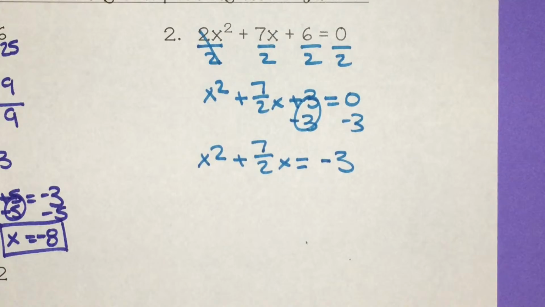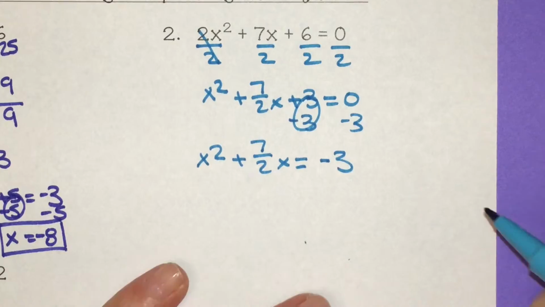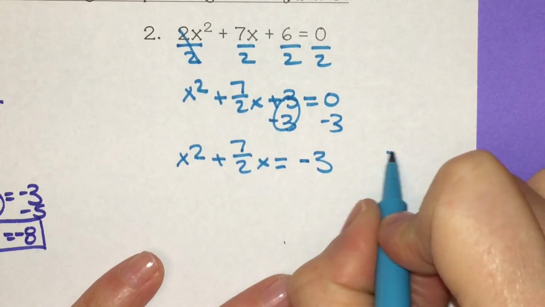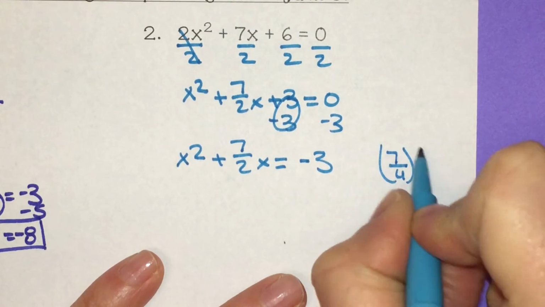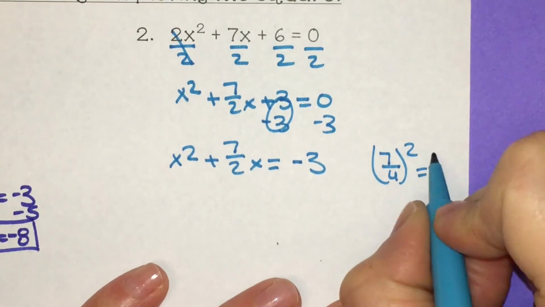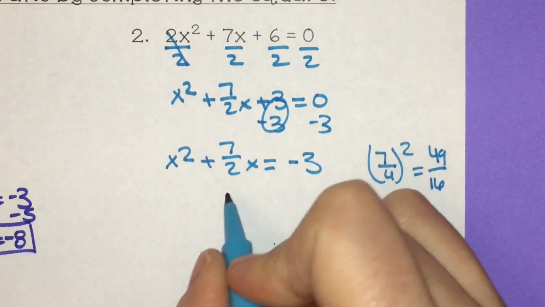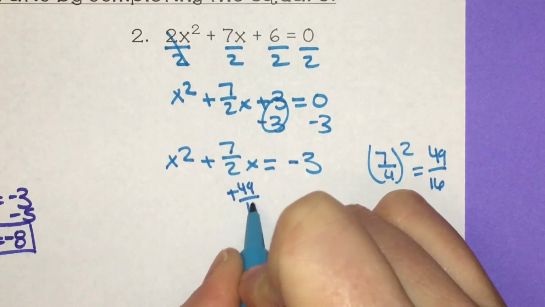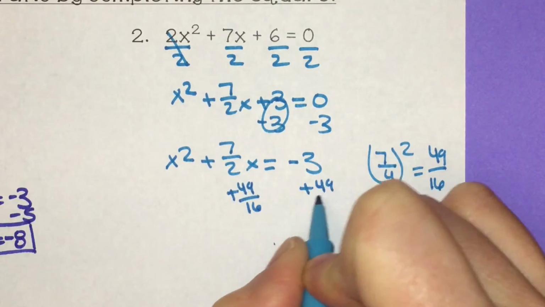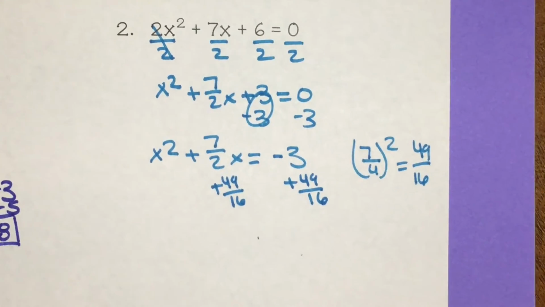All right, so I have to do 7 halves divided by 2 is 7/4. So I have to do 7/4 squared is 49/16. So I'm going to add 49/16 to both sides.